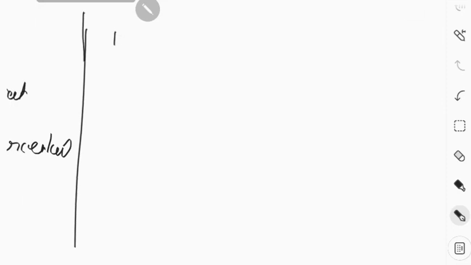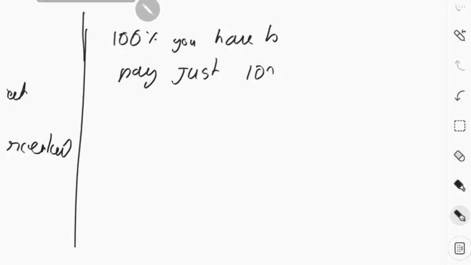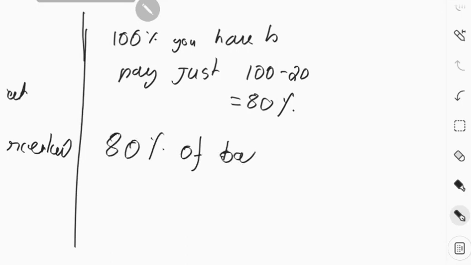So basically this means out of 100% you have to pay just 100 minus 20, which equals 80%. So what you want to do is just write 80% of the ball price. So 80 into 40 divided by 100.